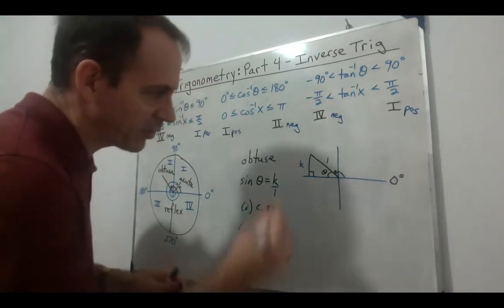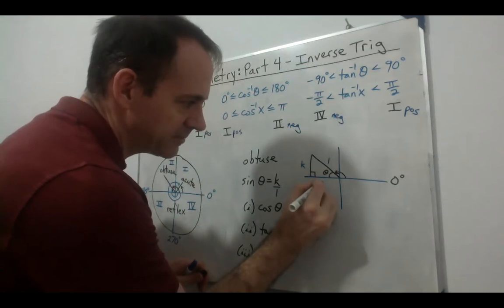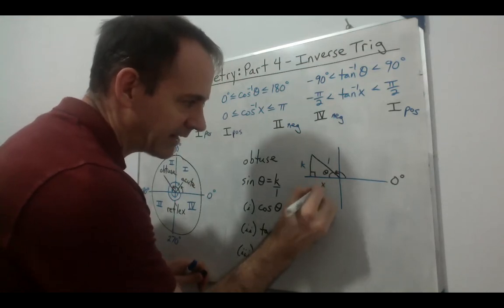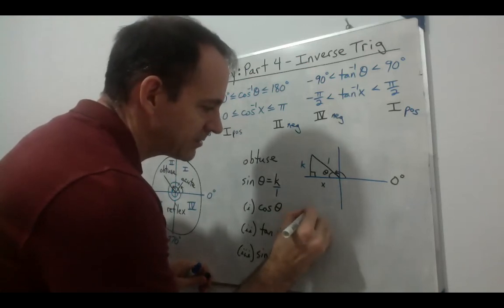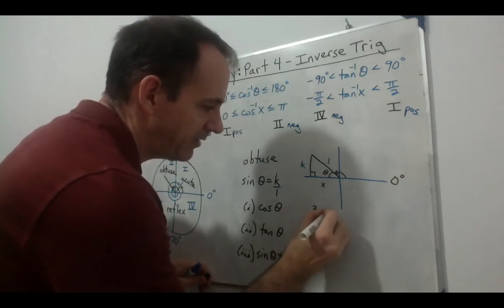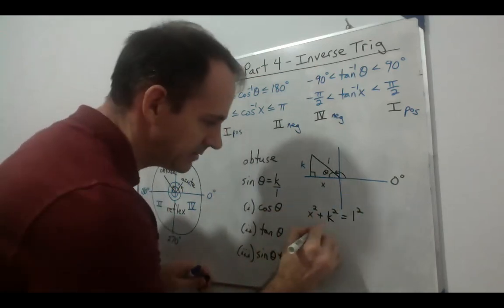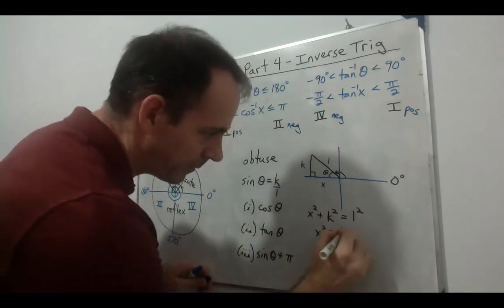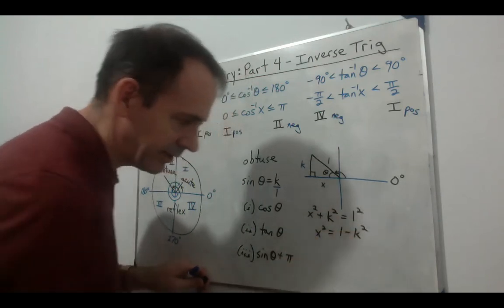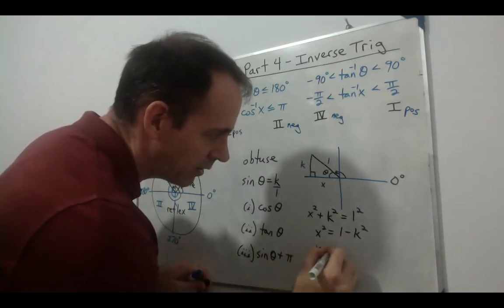So we need to quickly do, well, we'll call this, I guess, x for right now. So x squared plus k squared equals 1 squared, which means x squared equals 1 squared minus k squared. And when we square root, we get the plus or minus.